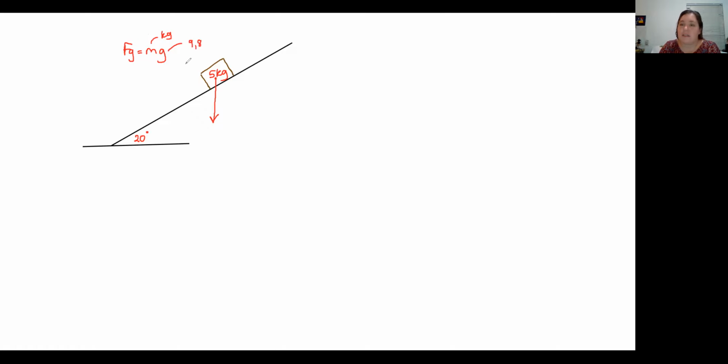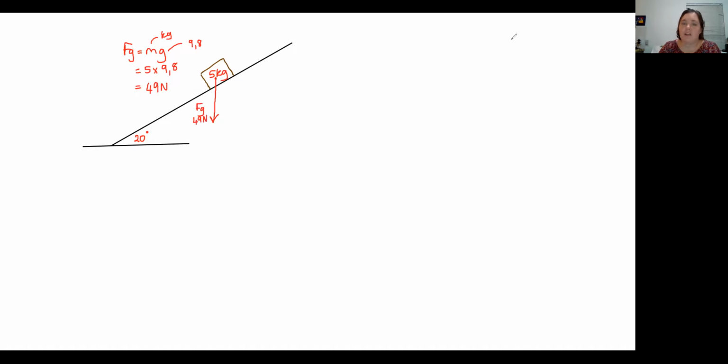This is the same value as your acceleration due to gravity, and you could put in meters per second squared, but you don't actually have to do that. You can just use 9.8 as a value. So my weight here is 5 multiplied by 9.8, which gives me 49 newtons. So we have got a weight of 49 newtons acting straight down.